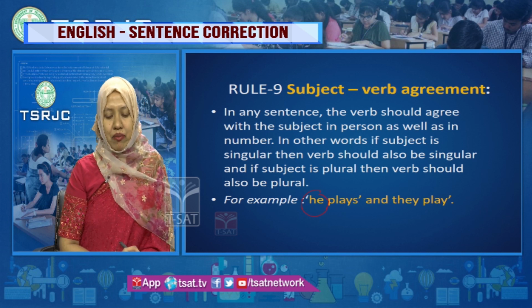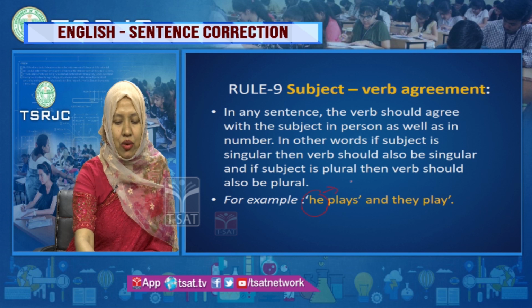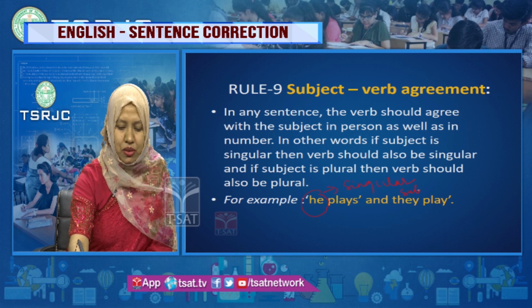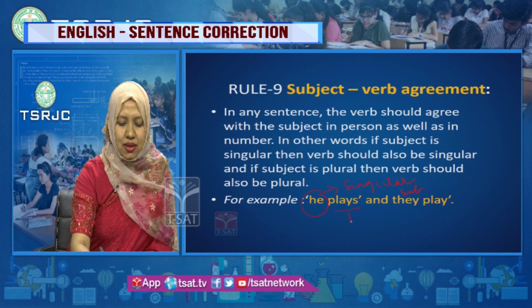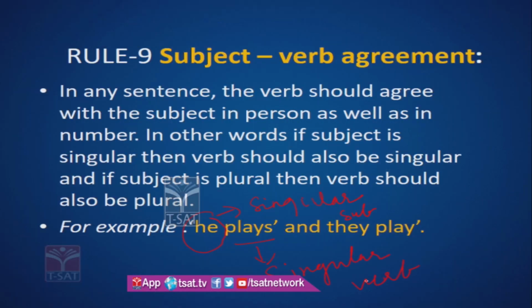He is the subject. He is a singular subject. Plays is a singular verb. Always with a singular subject, there should be a singular verb. They is a plural subject. Play is a plural verb. Singular subject, singular verb. Plural subject, plural verb.